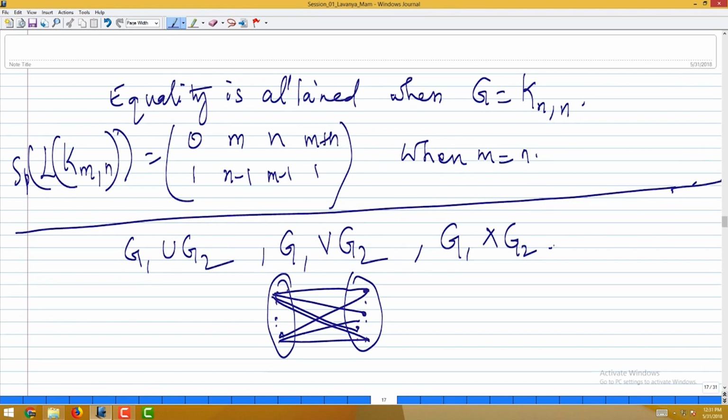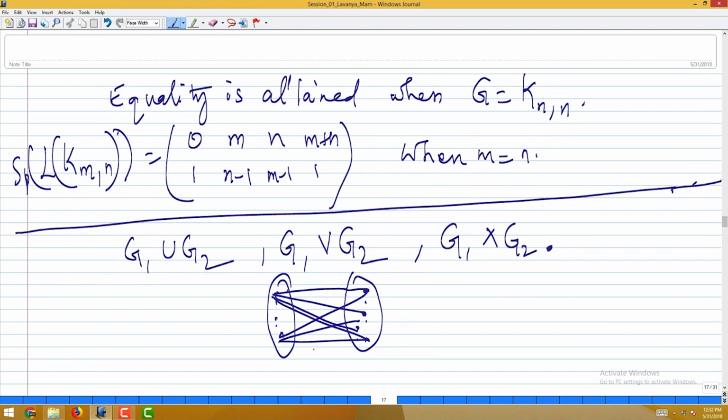Obviously, computing the determinant for a 2n vertex graph is going to be more time consuming than for n vertices. So, in that context, if I know the Laplacian spectrum of G1 and G2, I can immediately write it for G1 join G2 or G1 product G2.